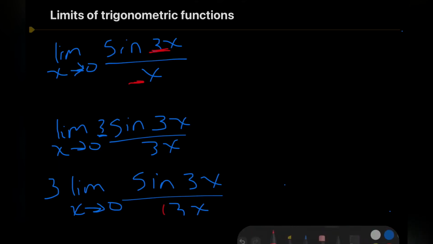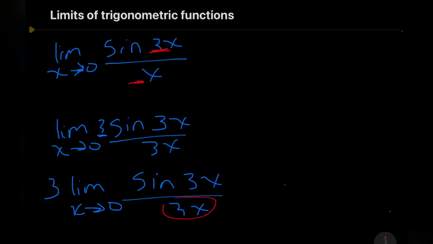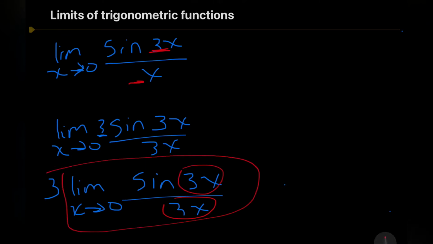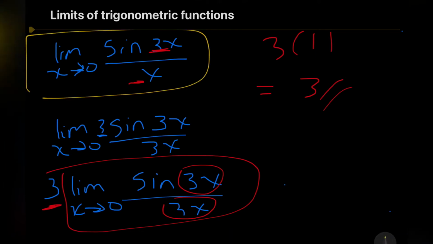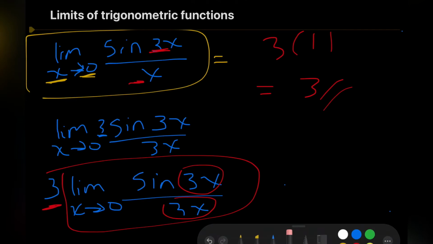Now we can see that we have a 3x in the denominator and a 3x inside the sine, and we know that limit would be 1. So we'll have the 3 times the limit of the function, which is 1. So our final answer would be 3. The limit of this function as x approaches 0 is equal to 3.